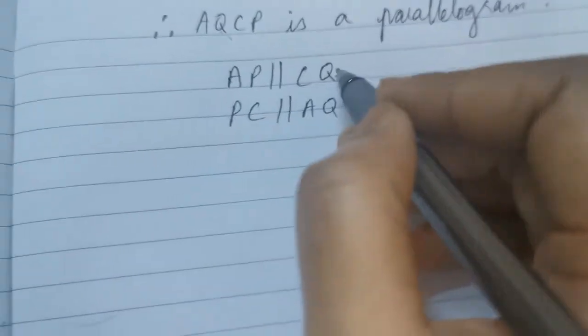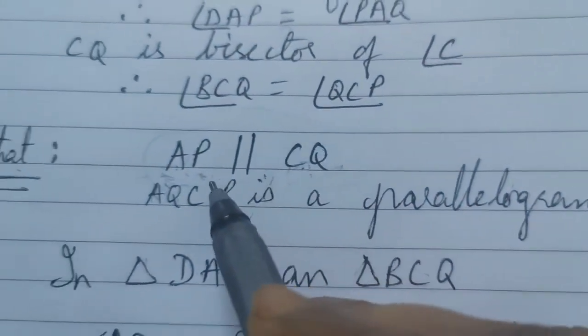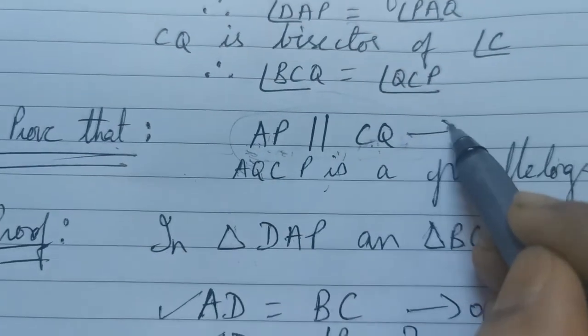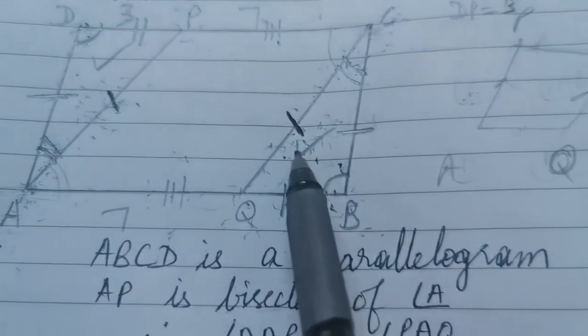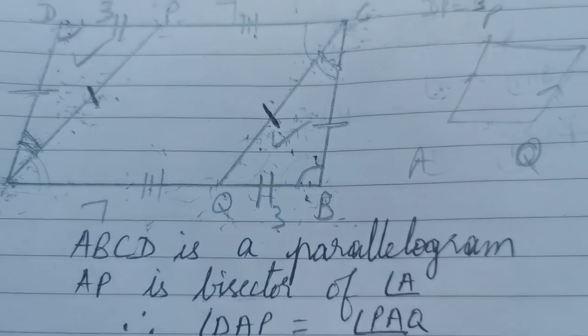These are the opposite sides. They are parallel. So we had to prove AP is parallel to CQ. So we have proved it here. Therefore, the angle bisectors of the opposite angles of a parallelogram, which were AP and CQ in our figure, are parallel to each other. Thank you.